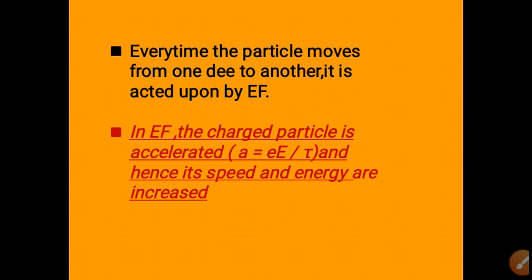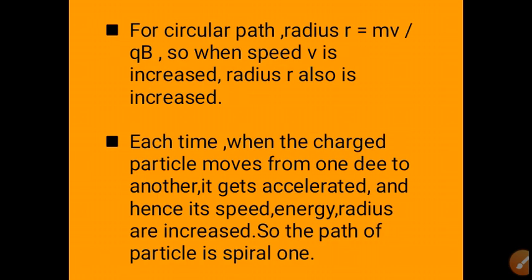In the electric field, the charged particle is accelerated. That is, the expression is given as a equals E divided by tau, and hence its speed and energy are increased. For circular path, radius r is equal to mv divided by qB.